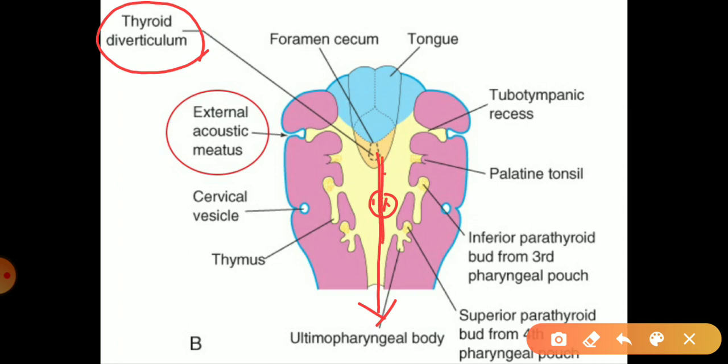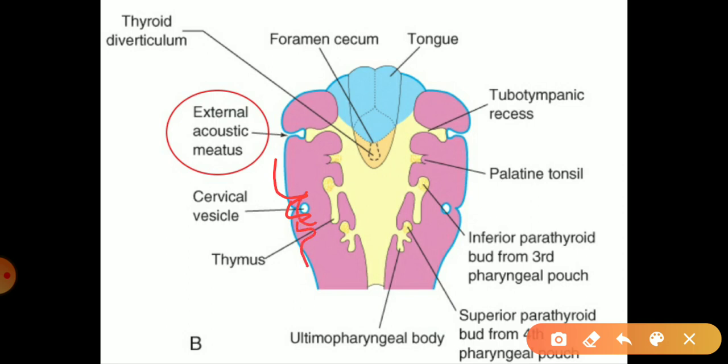And if the thyroglossal duct remnant persists, that is called a thyroglossal duct cyst. We will not go into detail on these, but the second, third and fourth pharyngeal pouches, from the outside, invaginate toward the inner side and combinedly form a cyst, which is called the cervical vesicle.